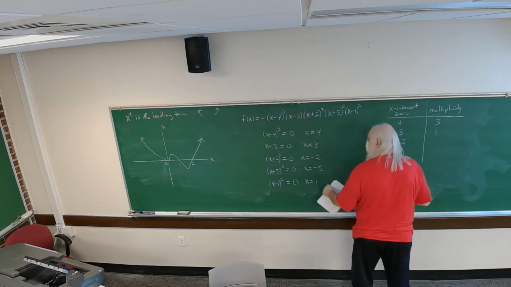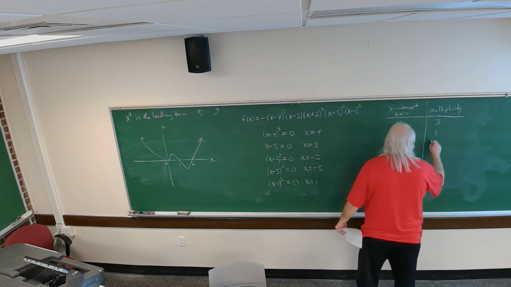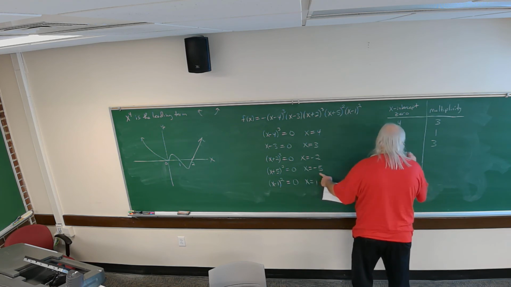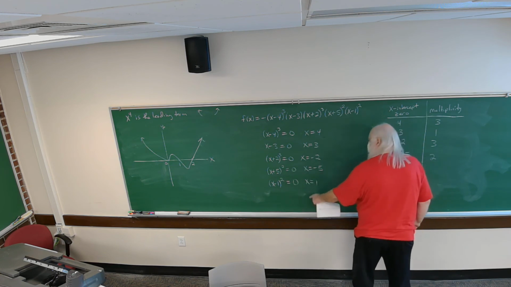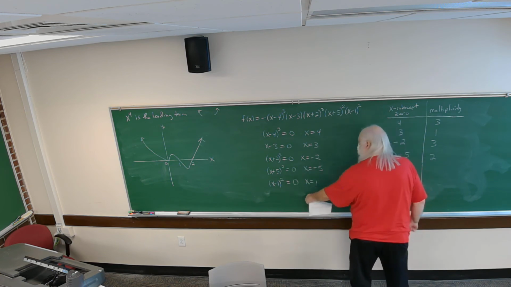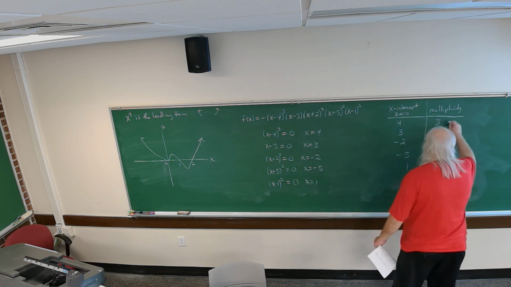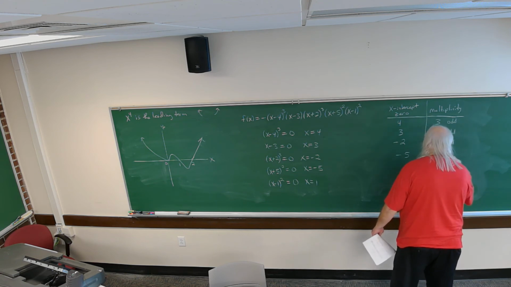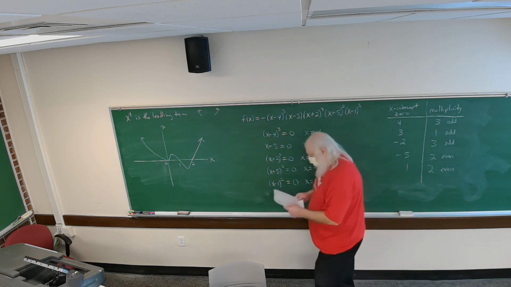Minus 2 has a multiplicity of 3. x equals minus 5 has a multiplicity of 2, and x equals 1 has a multiplicity of 2. Okay? So these first three multiplicities are all odd, and the last two are even.